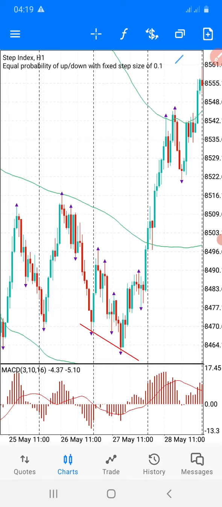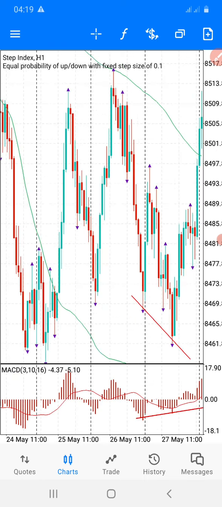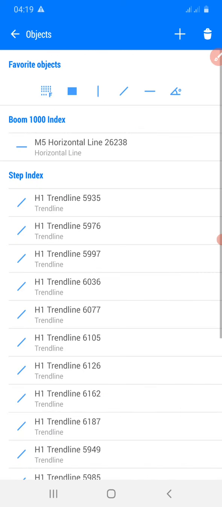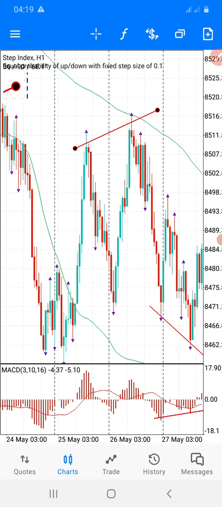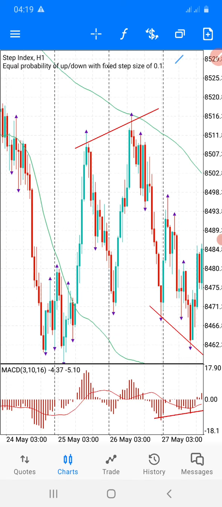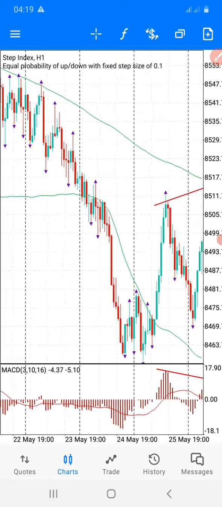And then at the same time, we have this one making a higher low. You can see these two: the higher high and the lower low. So these things can be spotted all over in the market.